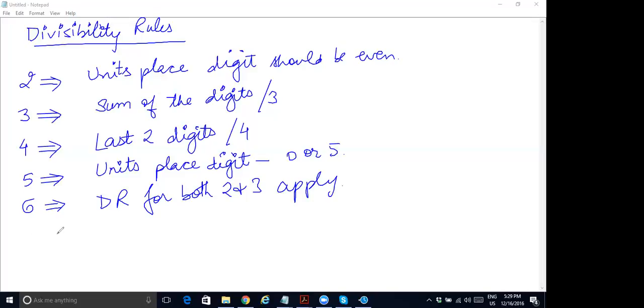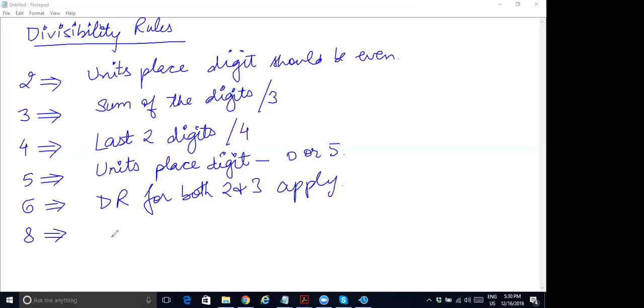For 7, there is no need, because the divisibility rule of 7 is actually difficult, and actual division by 7 is easier. Generally we study divisibility rules just to make calculations faster. The rule for 7 takes a lot of time, so in lesser time you can actually divide the whole number. Yeah, you're right.